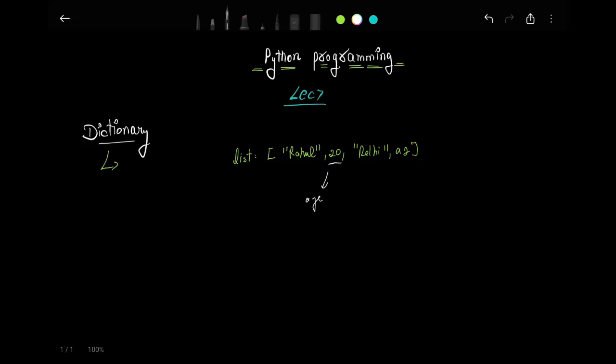It could be an age, it could be a roll number, or it could be marks. The list stores the values, but it doesn't tell us what each value means. We have to remember that index 0 is name, index 1 is age, index 2 is city, and index 3 is marks. This becomes confusing, especially when the data grows.